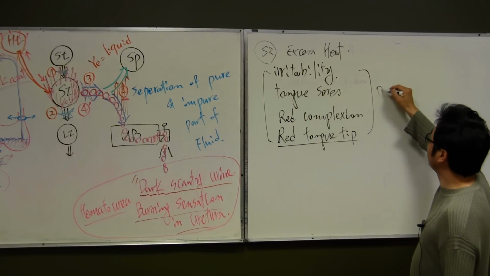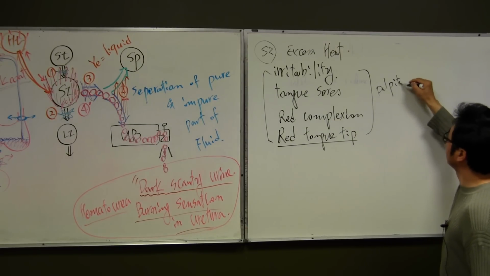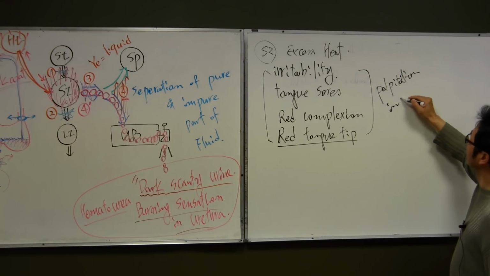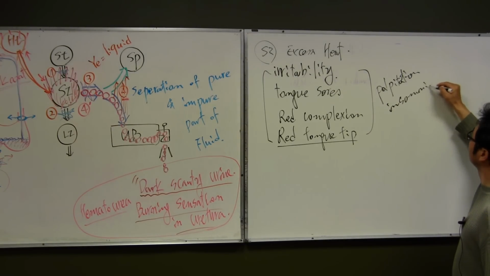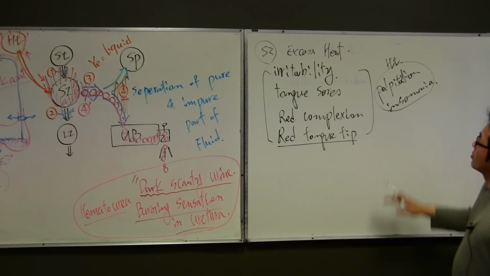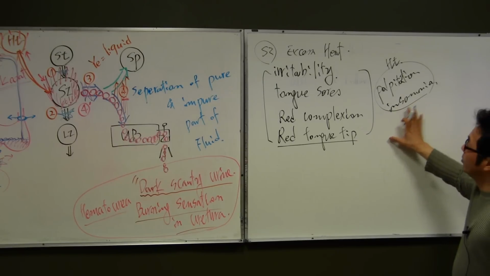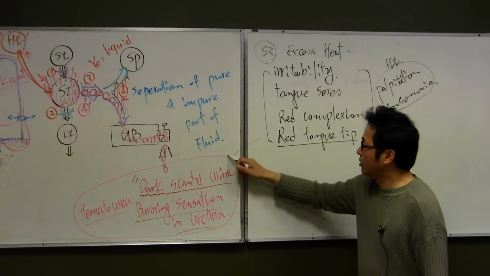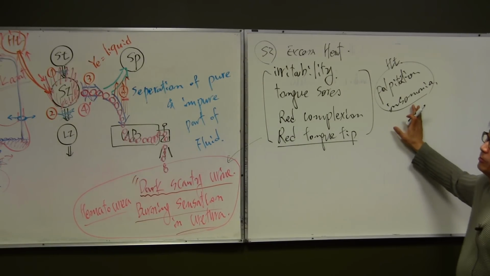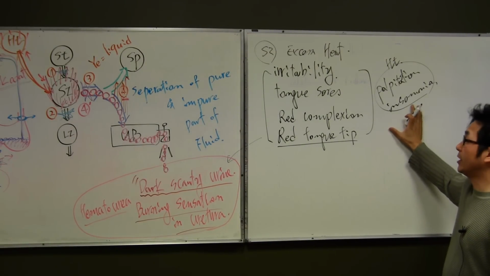But if palpitation and insomnia appear, this is a sign of heart dysfunction. So if you see all these signs with scanty dark urine or a burning sensation in the urethra, this mostly appears from heart excess fire.